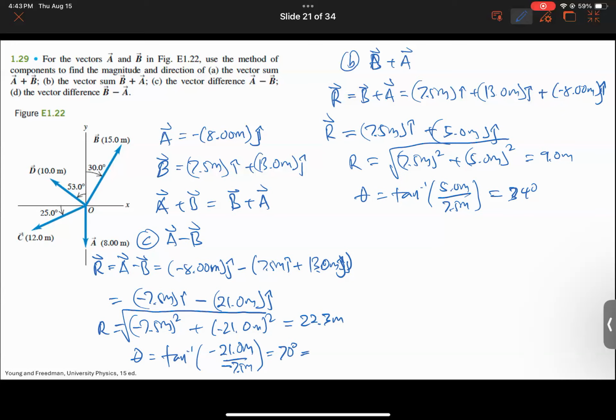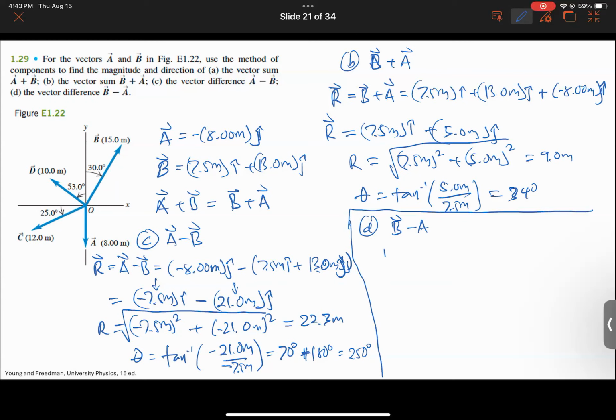Idadagdagan natin ito ng 180, kasi kung makikita nyo, negative at saka negative yung x and y components, dapat nasa third quadrant siya. So dagdagan natin ng 180. So this is the correct angle. The correct direction is 250 degrees. Now, finally for letter D, you have B minus A.